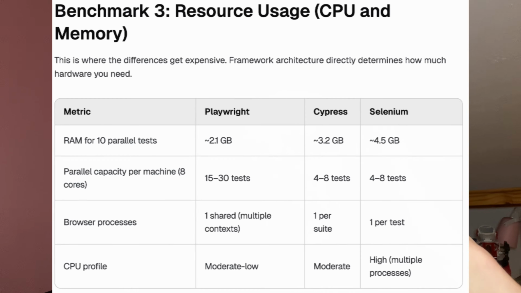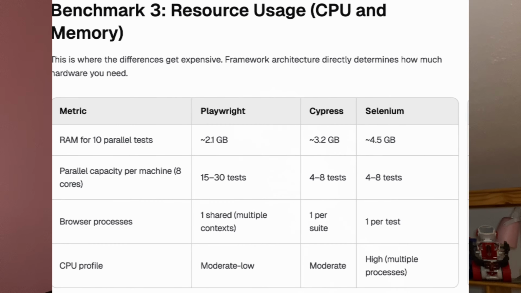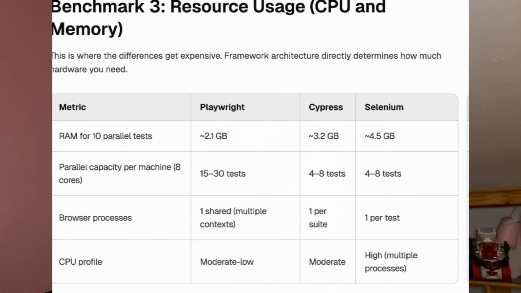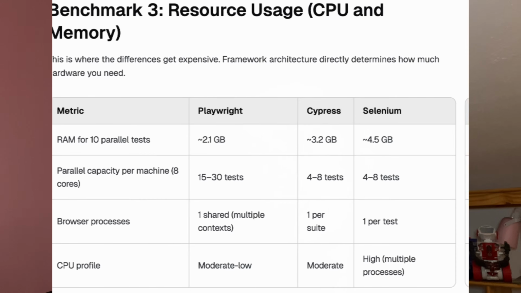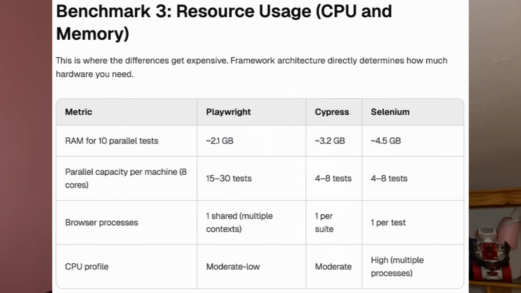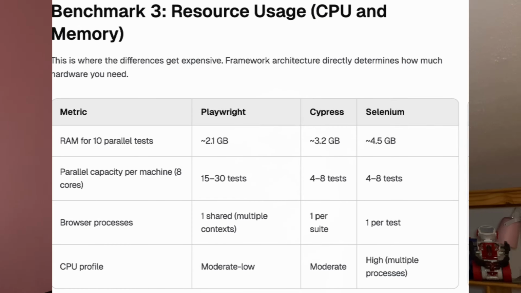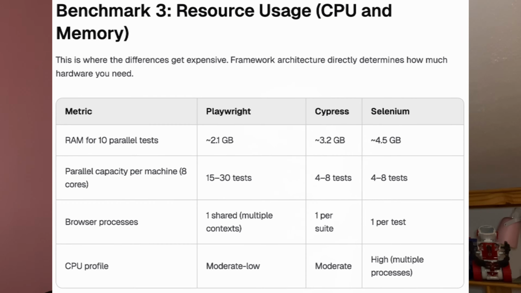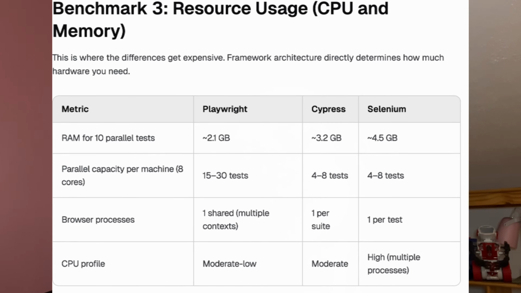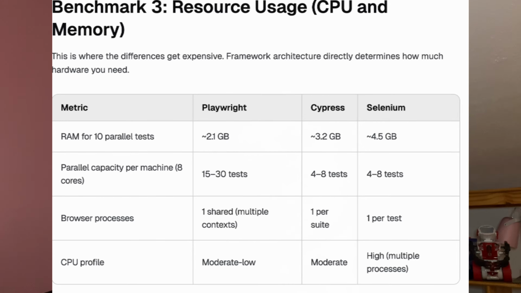CPU profile: moderately low for Playwright, moderate for Cypress and high for Selenium. The memory gap comes from how each framework handles browser instances. Selenium spawns one full browser per test session. Cypress uses one browser per suite, but adds its own proxy and binding overhead. Playwright shares a single browser process across multiple lightweight contexts.